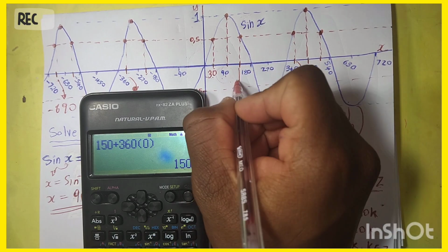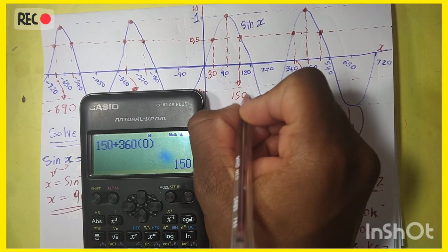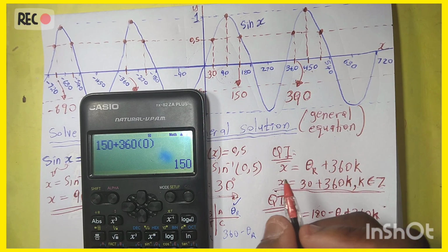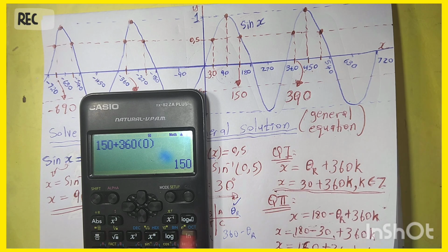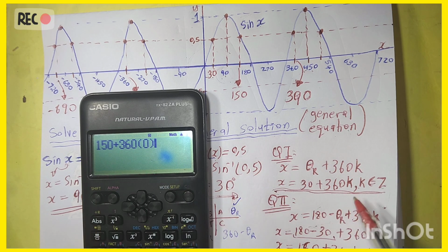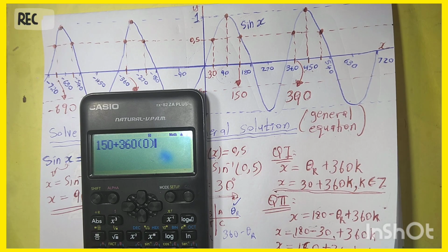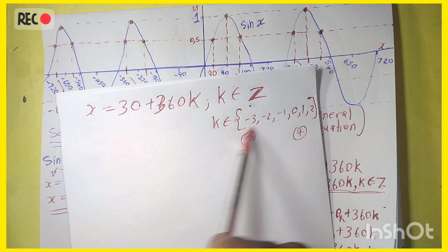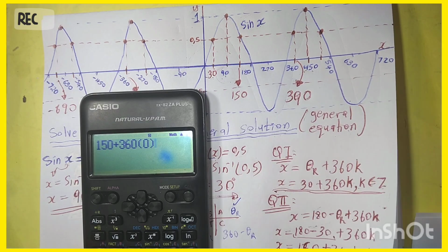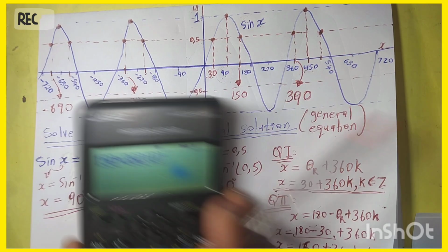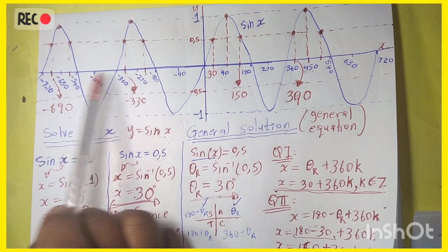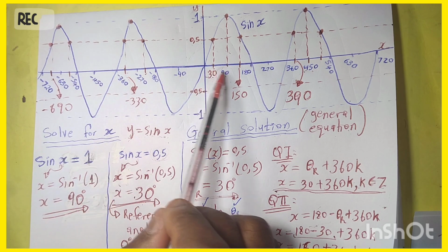That 150 is supposed to be here. Do you see? Even if I put in some more values, the more I substitute here where there is k, I'll end up generating all the values which are supposed to be here.